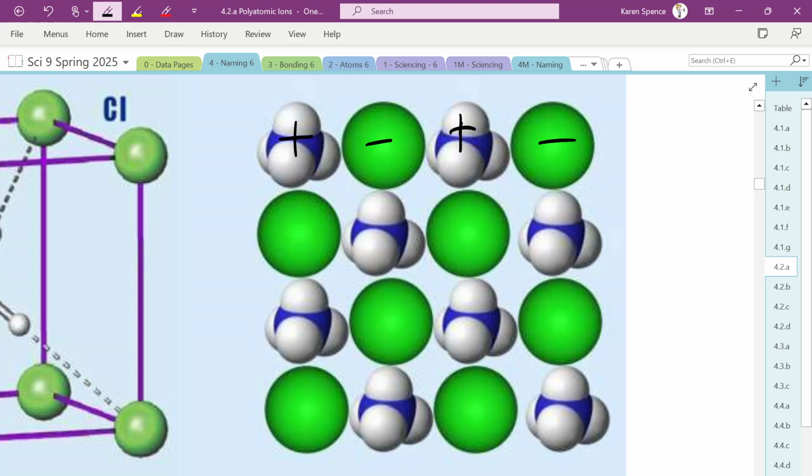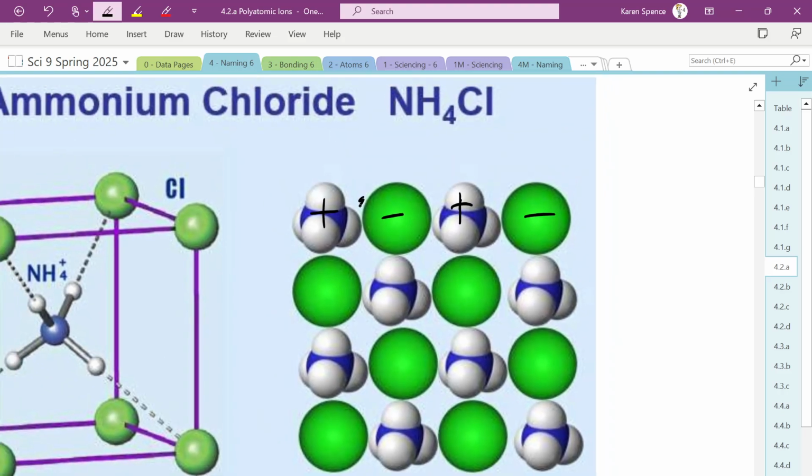Yes? What kind of bond is happening in between the ammonium and the chloride? What kind of bond is that? That is an ionic bond.